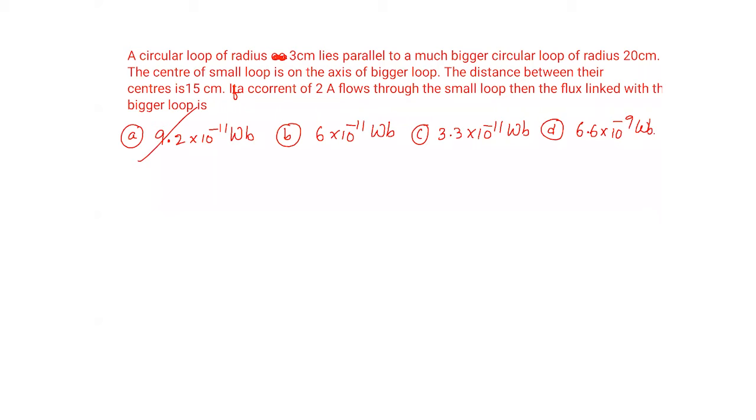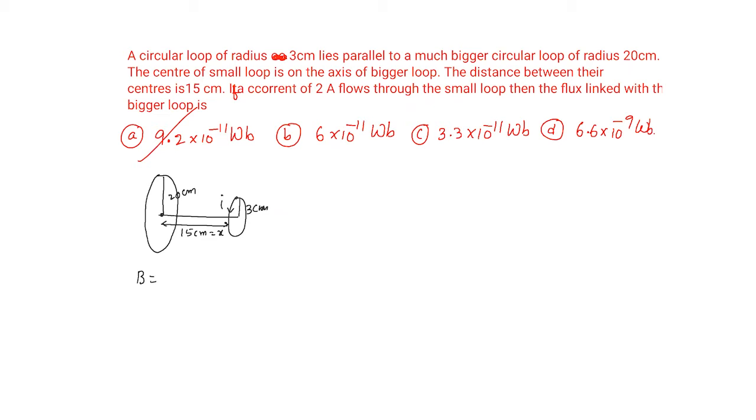So here, say this is the bigger loop and say this is the smaller loop. Both are coaxial. This radius is 20 centimeter and this radius is 3 centimeter, and we are passing electric current here. First, to find the magnetic field, at the place of the larger loop, this distance is 15 centimeter, equal to x.